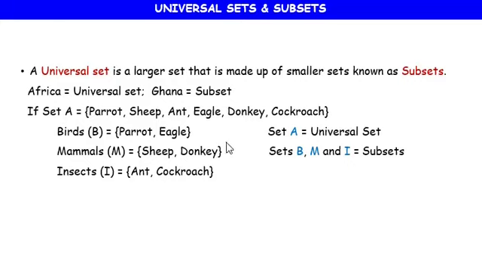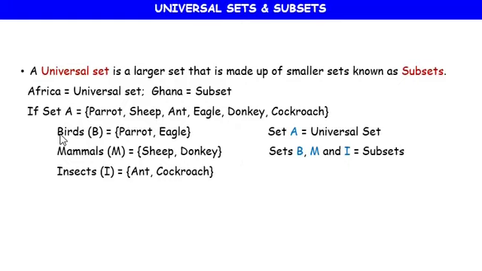West Africa is a subset of Africa, and Ghana can also be a subset of West Africa. So subsets are in levels, and we have different levels of universal sets. But the ultimate thing is that a universal set must contain subsets.